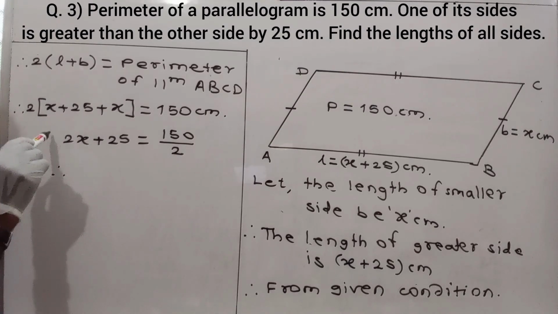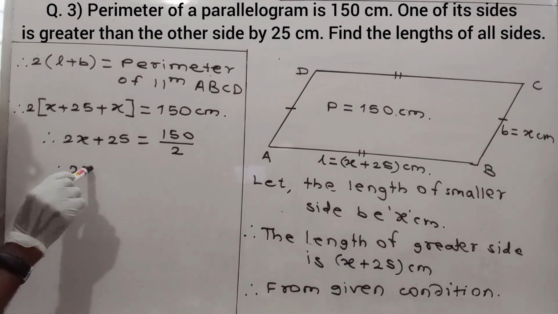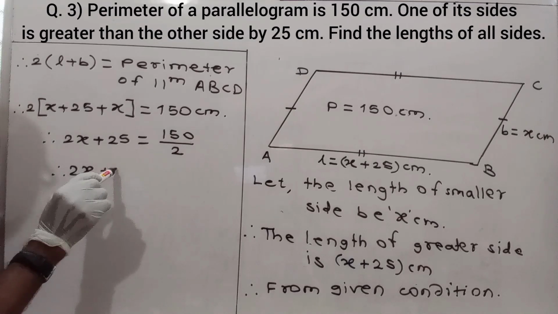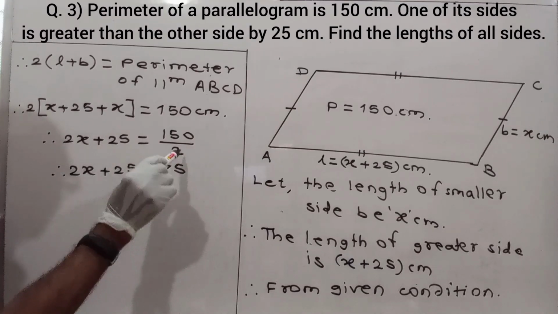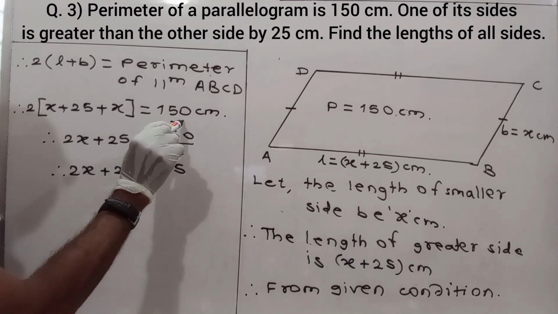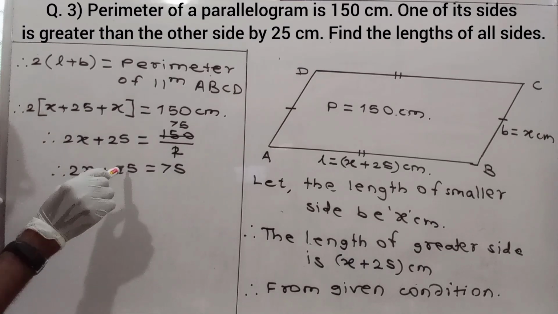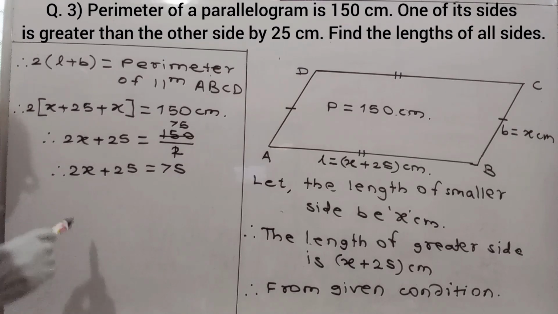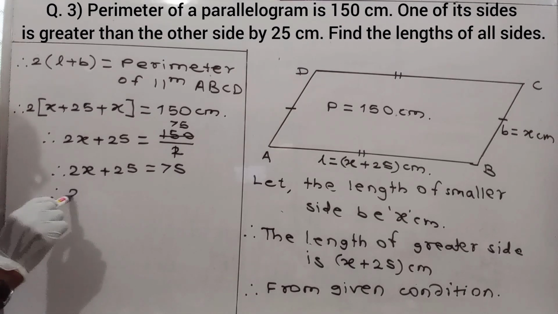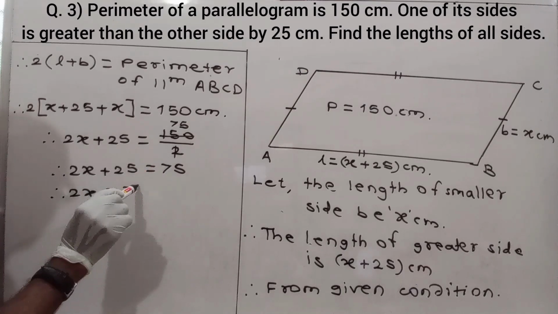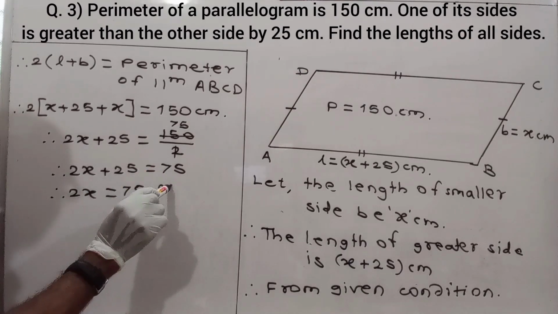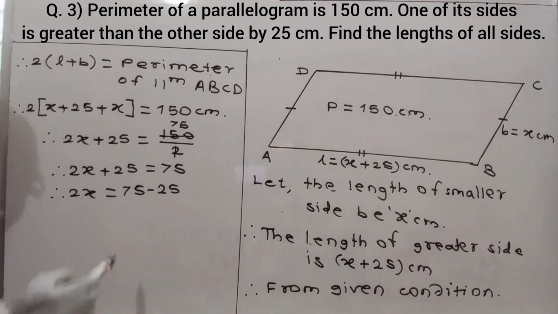Therefore, 2x plus 25 is equal to 75. Now 25 and 75 are like terms. So we take them together. This plus becomes minus. Did you get it?